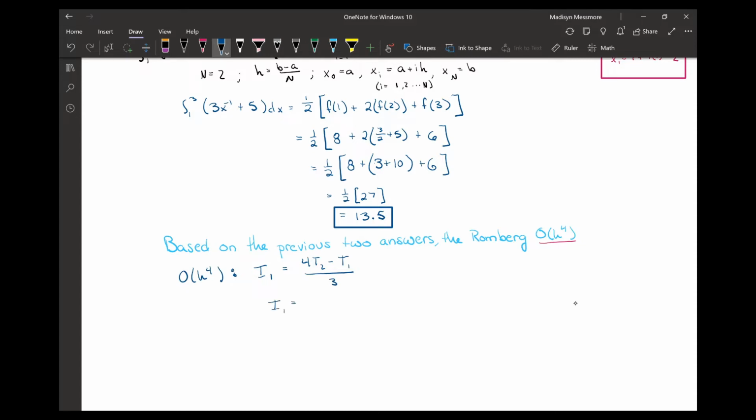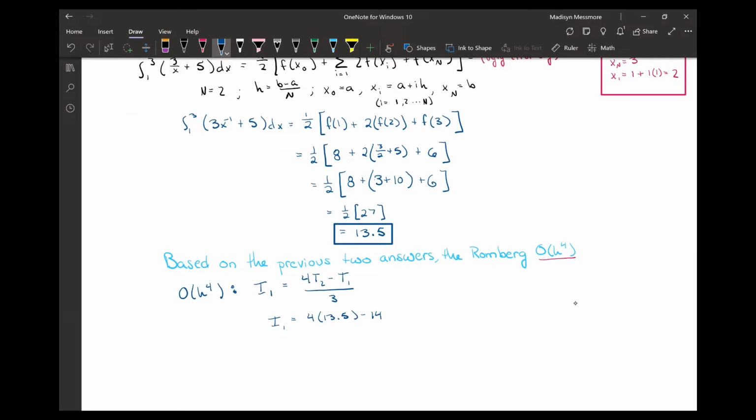So I sub 1 equals 4 times 13.5 minus 14, all divided by 3, which, I'll pull up my calculator real quick, 4 times 13.5 minus 14 divided by 3. I sub 1 is equal to 13.33 repeating. And that is your final answer.